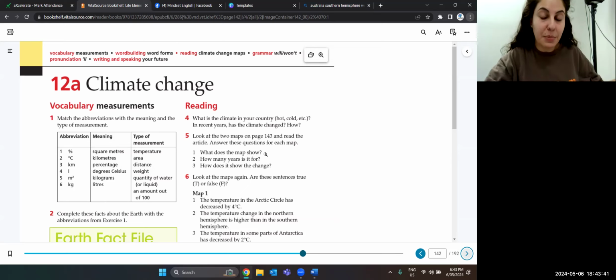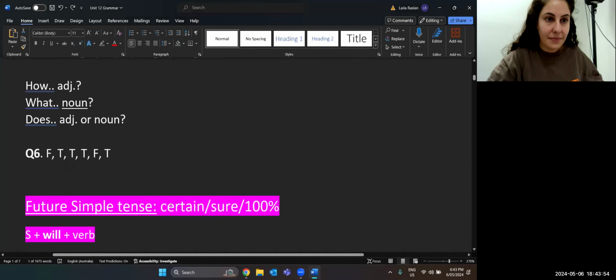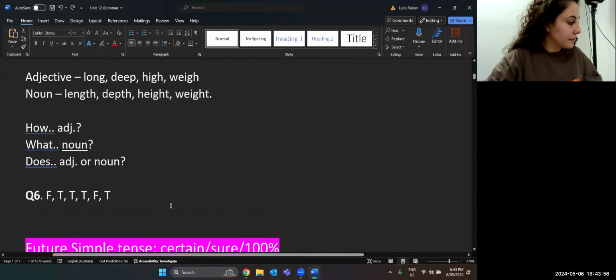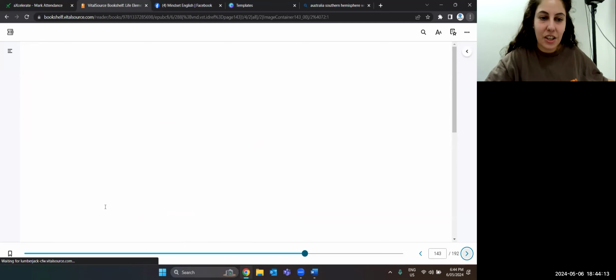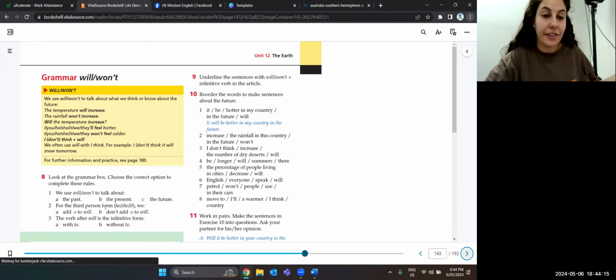How does it show the change? It shows the change because if we look at the maps, it uses a color code.